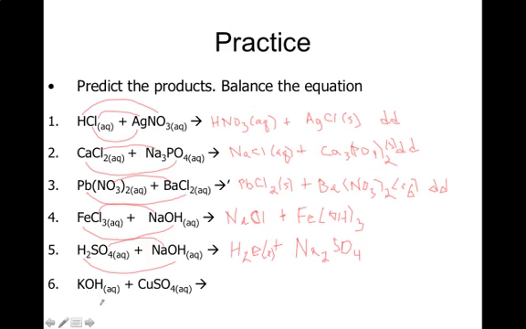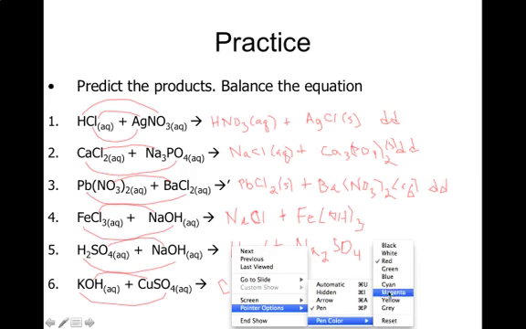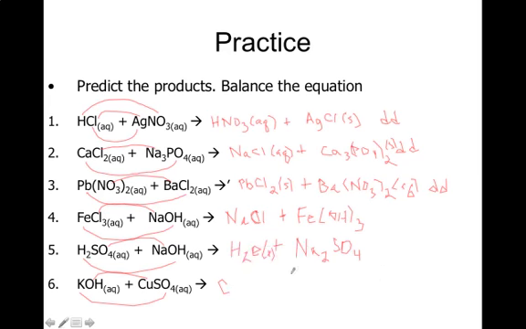Here we have potassium going with sulfate and copper going with hydroxide to form copper hydroxide. Let's change our pen color. Copper hydroxide.